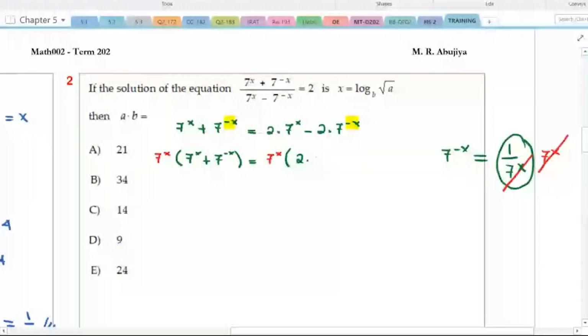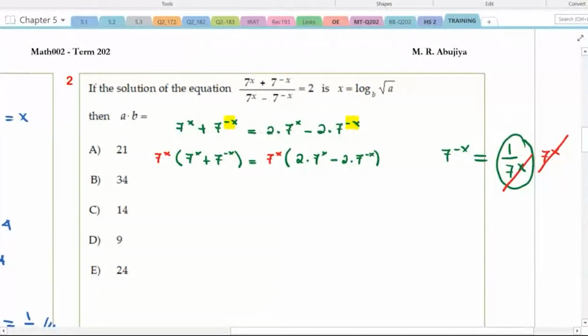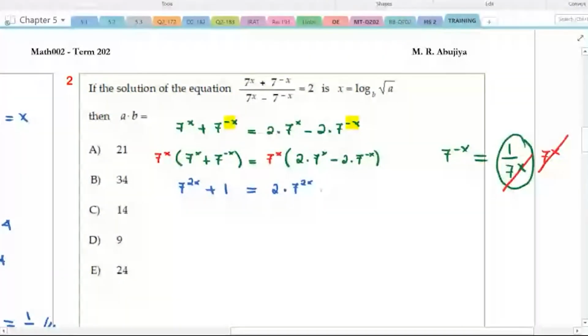And let me rewrite this one. 7 to the power of x minus 2 multiplied by 7 to the power of minus x. Now, if we open the bracket, what do we get? We are going to get, gentlemen, 7 to the power of 2x plus 1. And this will be equal to 2 multiplied by 7 to the power of 2x minus 2 only. Now, gentlemen, you can see that this and this are the same.